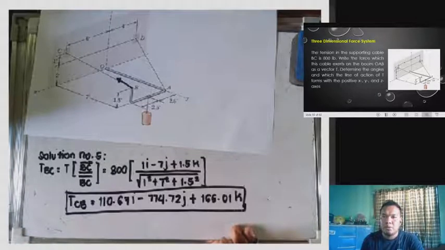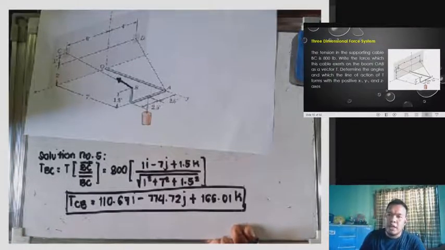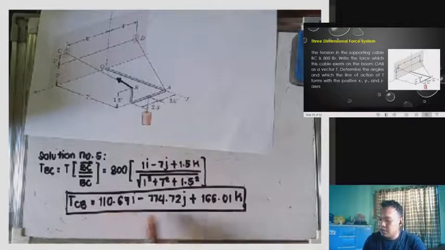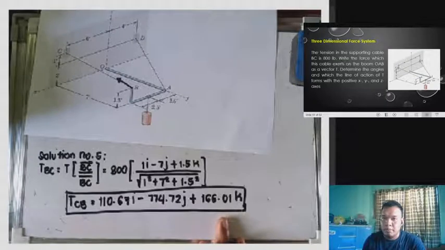Then, pinapahanap po yung mga angles na kung saan ay nag-act yung natin. So, pwede natin gamitin yung value na to or pwede natin gamitin based dun sa given problem. Yung mga coordinates na lang ang gamitin natin.